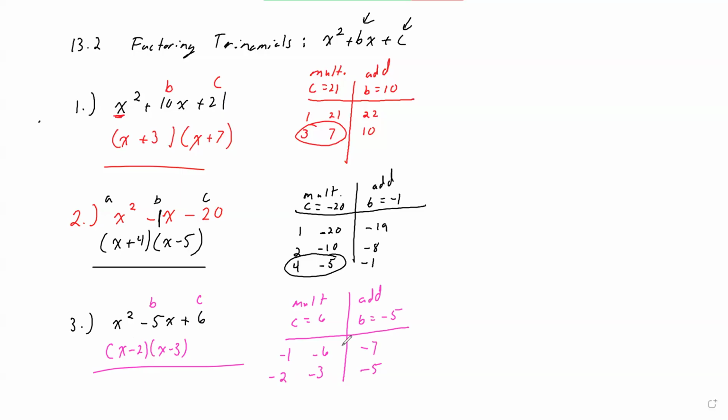All right. The rest of your homework then blends what we just learned in 12.1 with this technique. So number 4, part A, 7y cubed plus 35y squared minus 42y.